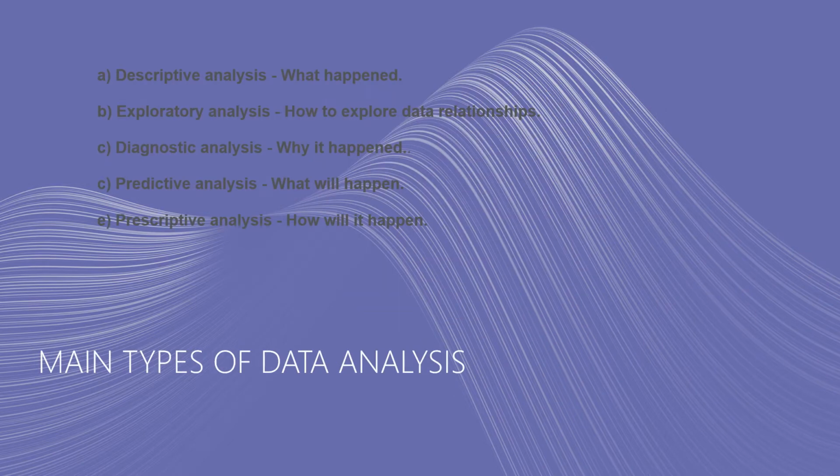There are some main types of data analysis. We have the descriptive analysis, and it answers what happened. Exploratory analysis tells us how to explore data relationships. The diagnostic analysis answers why something has happened.